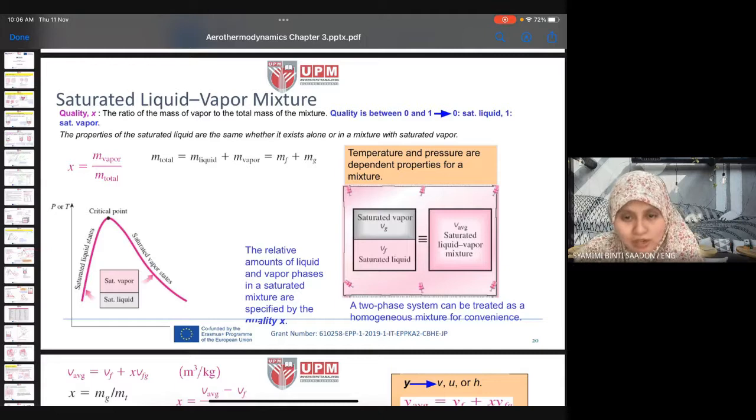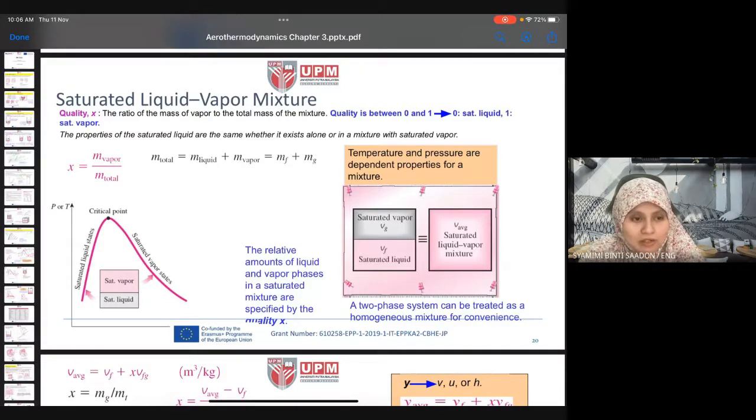Quality is always between 0 and 1, that's why I call it like a percentage. At 0 it is the saturated liquid, and if the quality is 1, the substance is in saturated vapor phase.